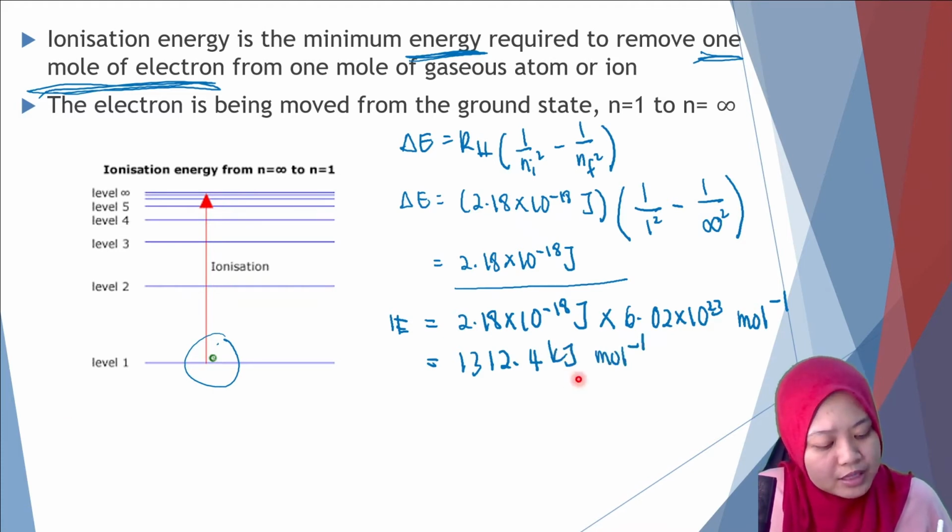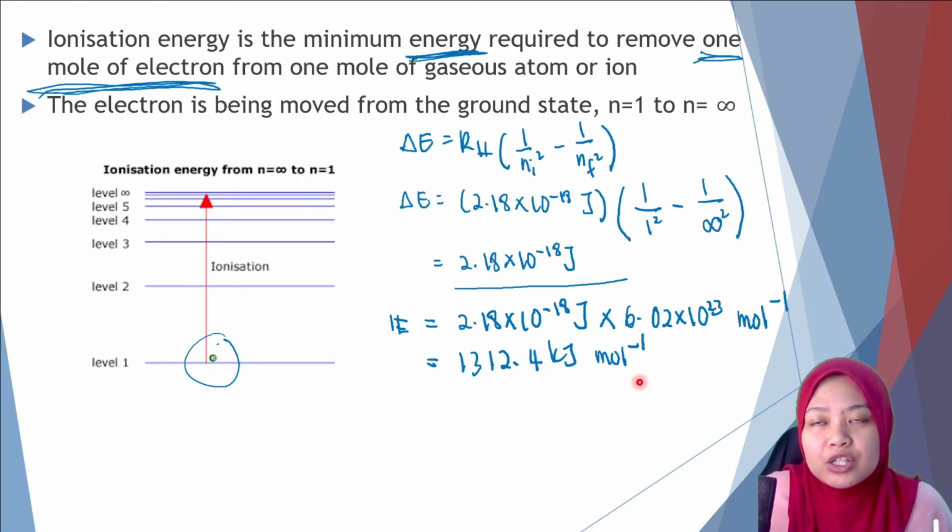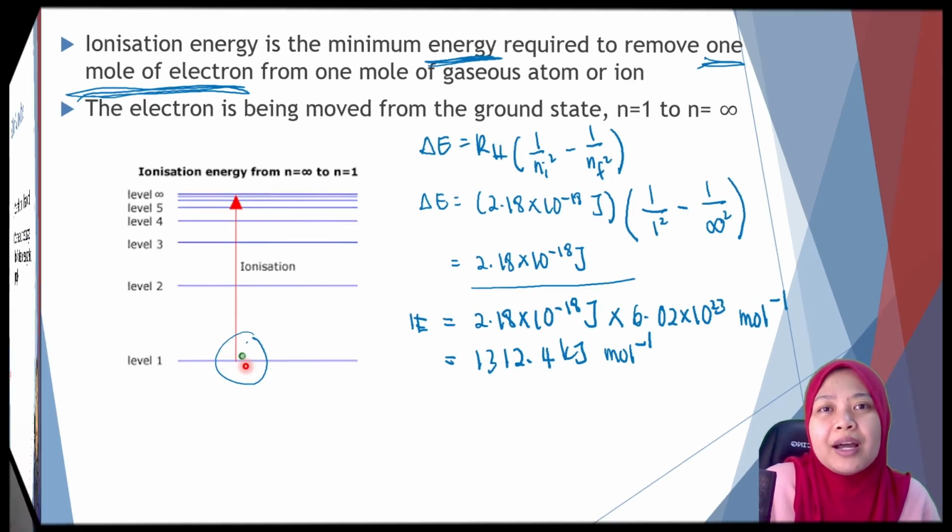Here, you will see that the unit for ionization energy has mole minus 1. So this mole minus 1 is referring to the energy that's required to remove 1 mole of electron from hydrogen atom. Okay, so this is the answer to calculate the ionization energy for hydrogen.